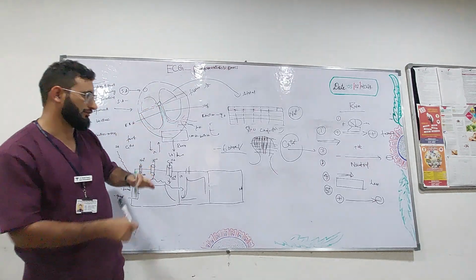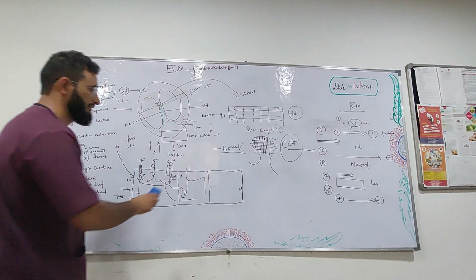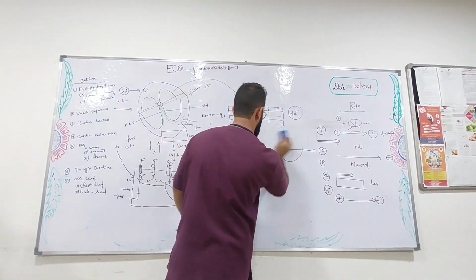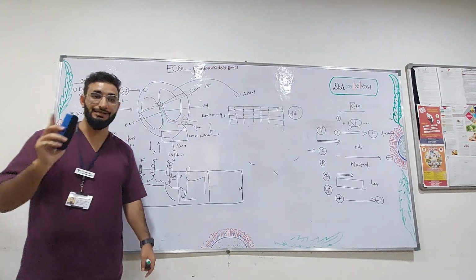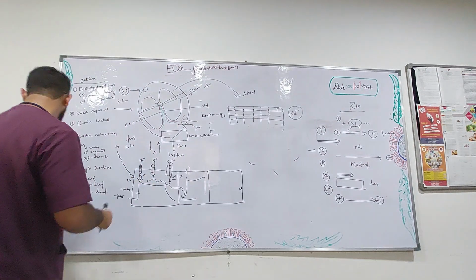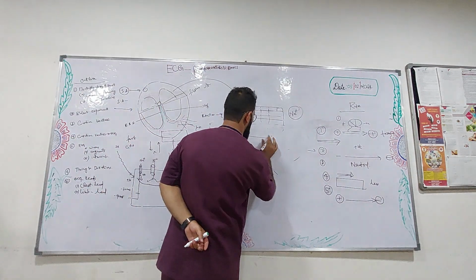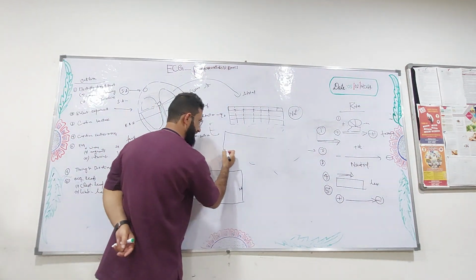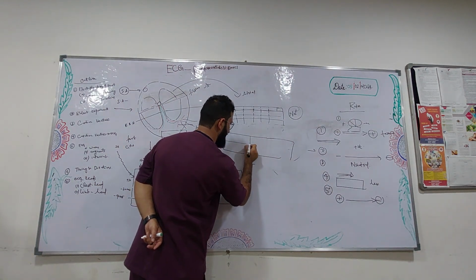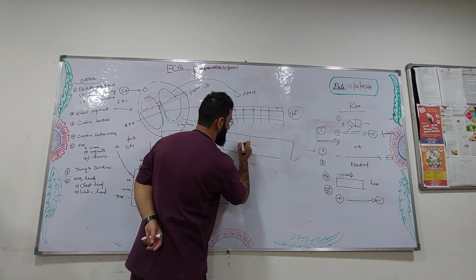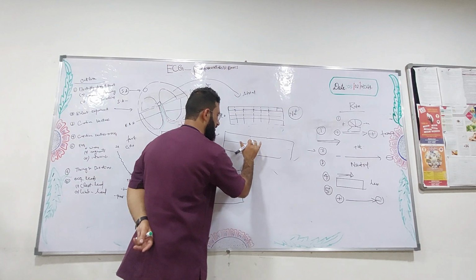Now the ventricle. See, in the ventricles we have specialized tissue that's called Purkinje tissue, the bundle of His and Purkinje tissue. If I draw the cross section of a Purkinje cell, it's like this. Here are very few cells, and the electrical windows between the adjacent cells are more.